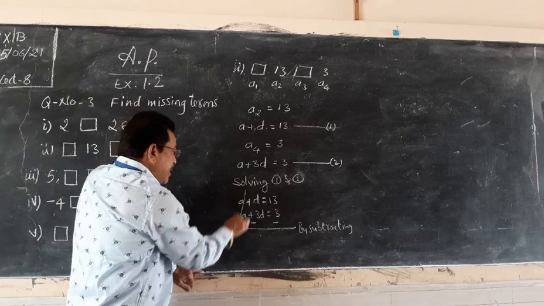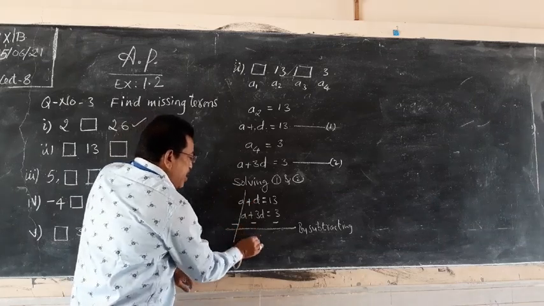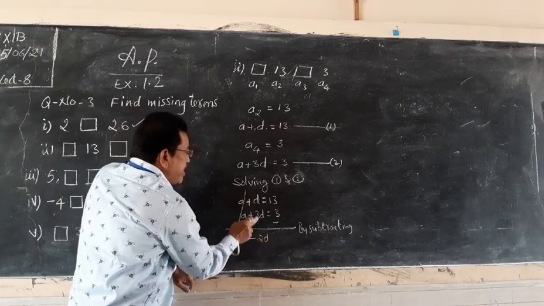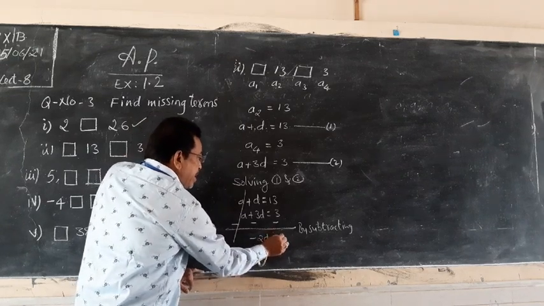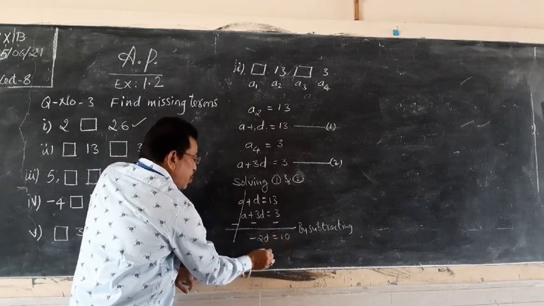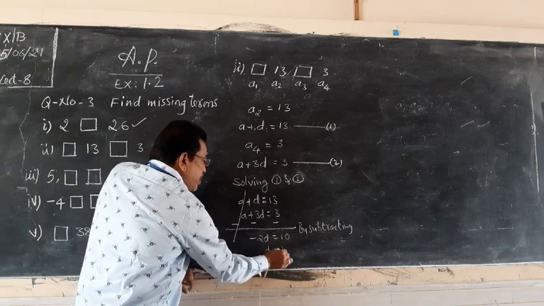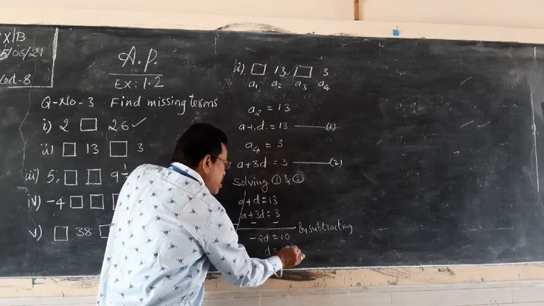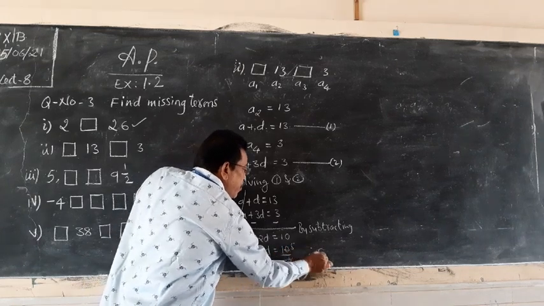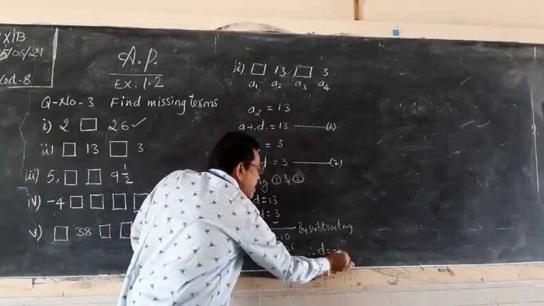Plus A minus A gets cancelled, then minus 3D plus D, that is minus 2D equals 10. So D equals 10 by minus 2, that is 2 fives are 10. Therefore D equals minus 5.